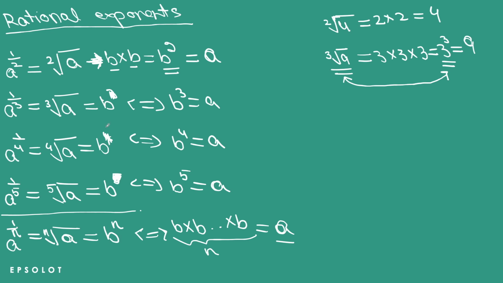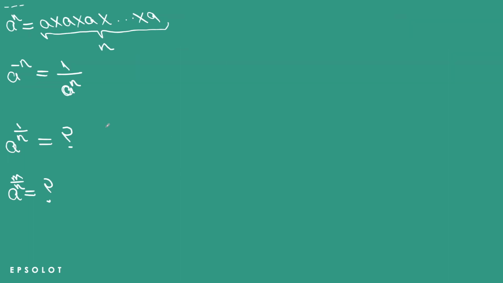Now, let's add that to our definition. It is the nth root of a. So if someone walks up to you and says a to the power of 1 over n, you can just rewrite that as the nth root of a.